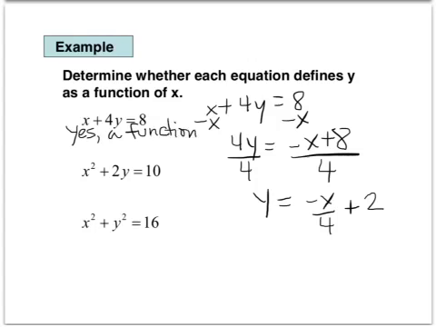Now, at this point, you're probably wondering, well, when doesn't it work? Well, let's take a look. In this second equation, if we solve for y, subtract x squared from either side of the equation.